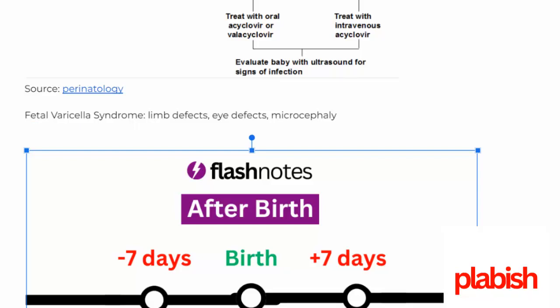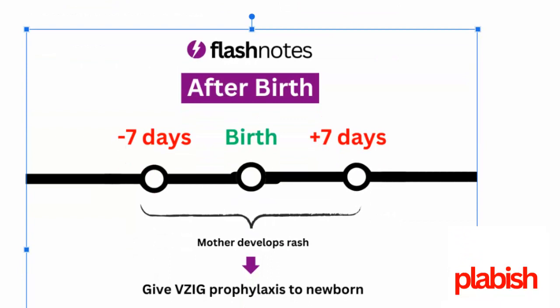Now we will move forward to this slide, where I will tell you about the case when the mother develops a rash, for example, right after giving birth. This is a little rule that is very important. It is very high yield. If the mother gave birth and after giving birth she develops a rash and you are suspecting varicella, for example, on the third day, you will give varicella zoster immunoglobulin prophylaxis to the newborn.